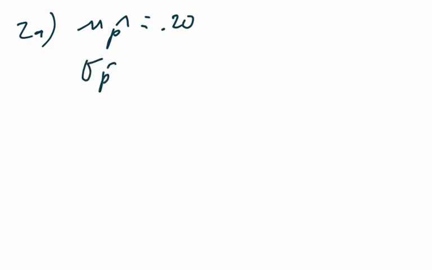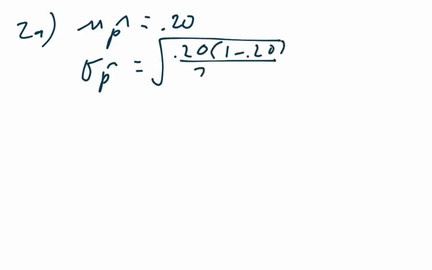And the standard deviation of p hat is the square root of 0.20 times 1 minus 0.20 divided by 250. That turns out to be 0.025.